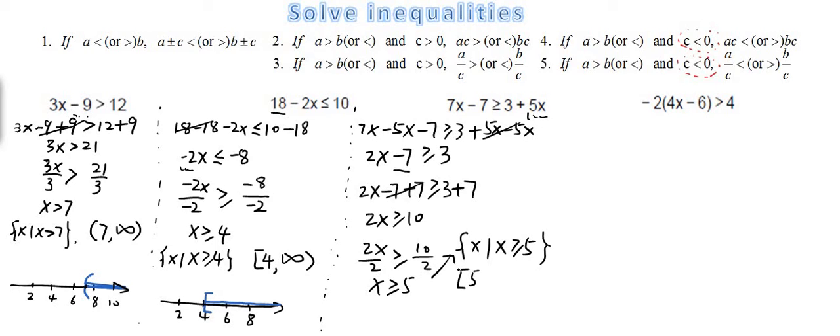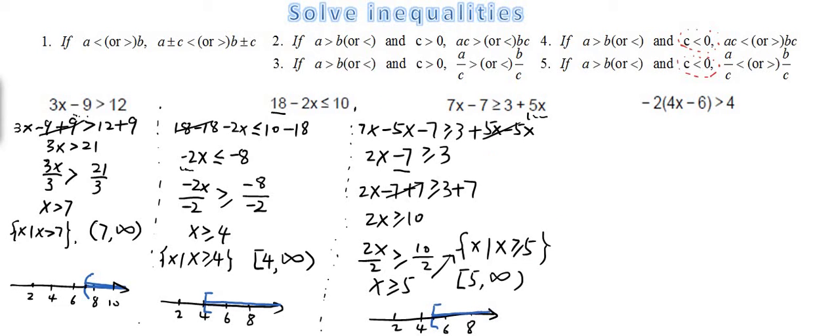So we use a square bracket because we have equal to. Okay, and then we can draw the graph. Here is 2, 4, 6, 8, and the 5 should be here, and we can draw the 5 here. It's over here.